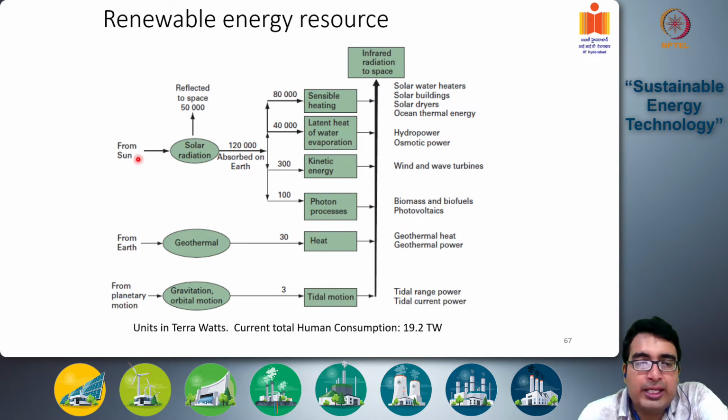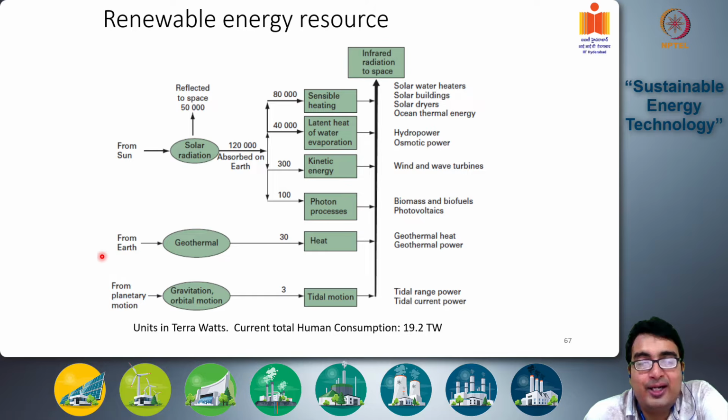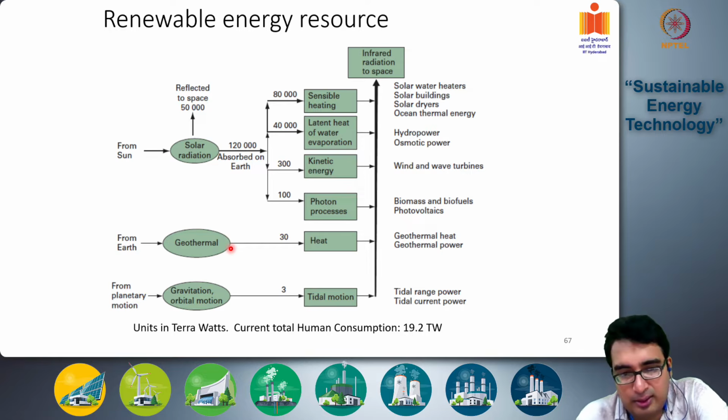Here we have three major sources of energy that are fundamentally coming to Earth. One is from the energy of the sun, the sunlight and the associated heat that is coming from the sun directly. The energy from Earth: this is geothermal heating, the subterranean heat that is present on Earth.